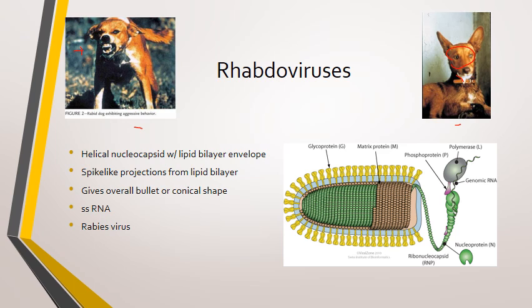The genome is single-stranded RNA, and the virus itself can produce 2 clinical pictures. So you have what's called, and these are kind of ancient words, either furious rabies or dumb rabies. And the clinical picture usually is based on how quickly the virus gains access to the brain.